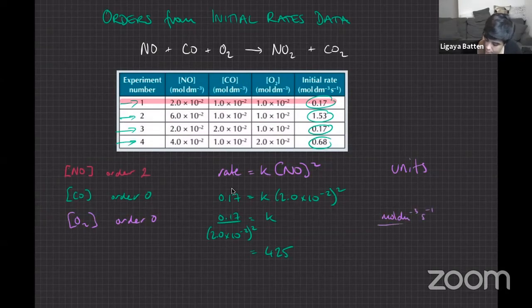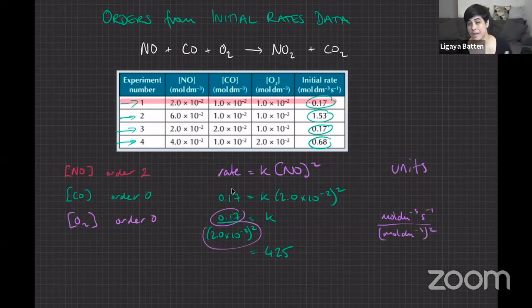So that's basically our 0.17. And then we've got concentration squared, so moles per decimeter cubed, squared. Hopefully you may have seen this in equilibrium. We're putting the units into the equation. We could do it all together if you wanted to, but I think sometimes it's a bit cleaner to do it separately.